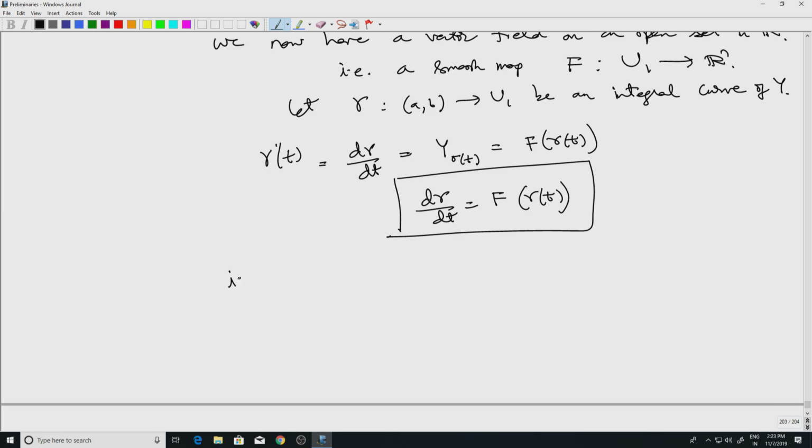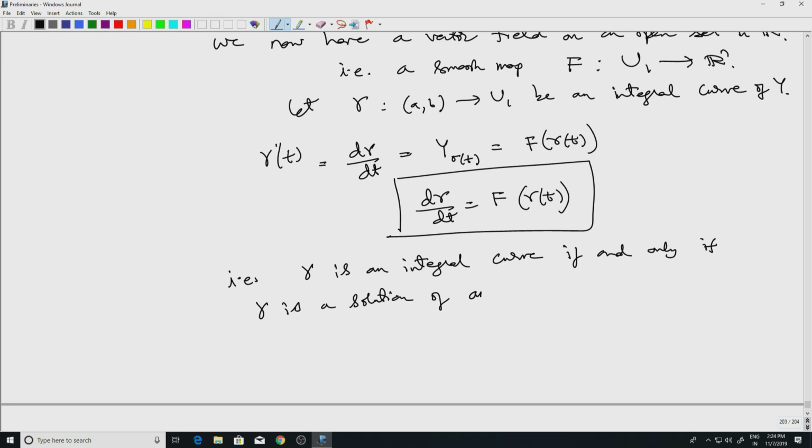That is, gamma is an integral curve of y if and only if gamma is a solution of this equation.